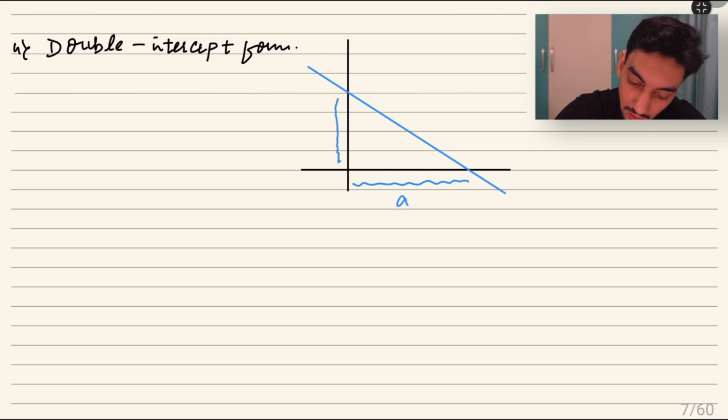This distance right here is my y intercept, and I call it b. Basically I'm talking about these points: the point on the x axis would be a, and the point on the y axis would be b. So if two intercepts are given to me, the equation of line would be very easy: x upon a plus y upon b is equal to 1.